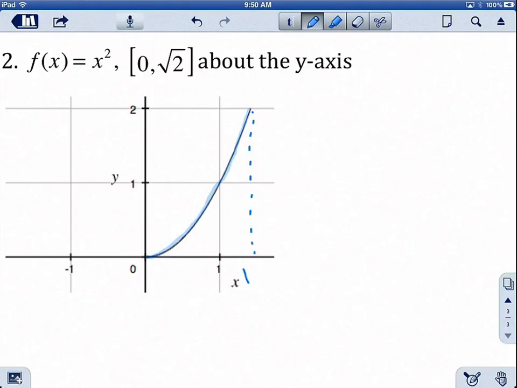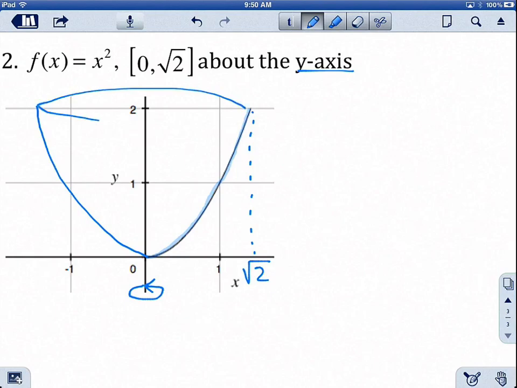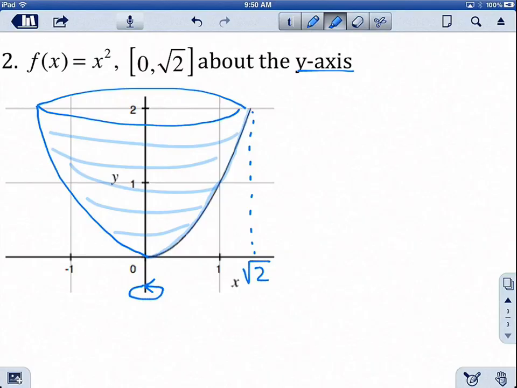And the square root of 2 is about right here. And so we want to revolve this now about the y-axis. So it'll look something like this. We want to find this surface area right here.